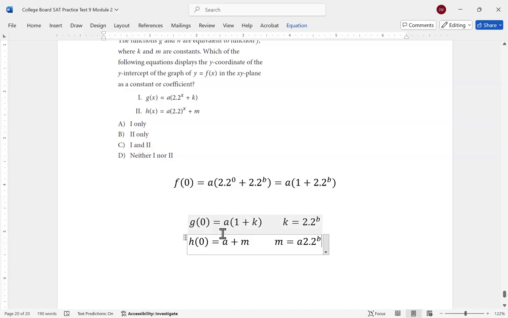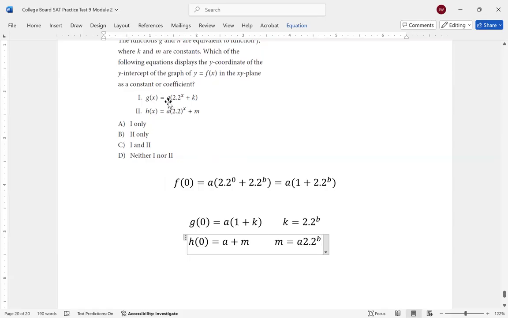And then coefficients are not the Y coordinate of the Y intercept. And that means neither G or H, so neither 1 nor 2, displays the function where the Y coordinate of the Y intercept is either the constant or the coefficient.